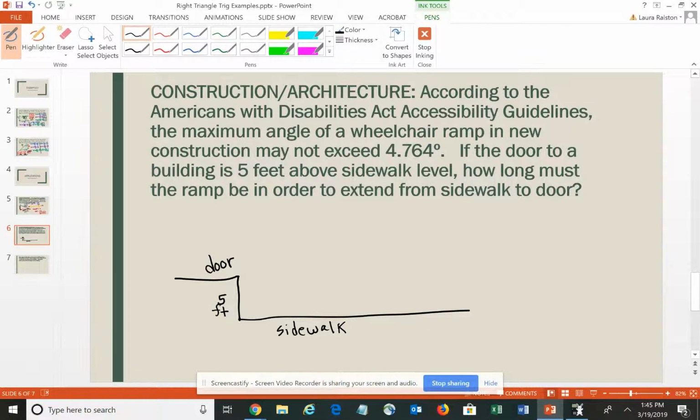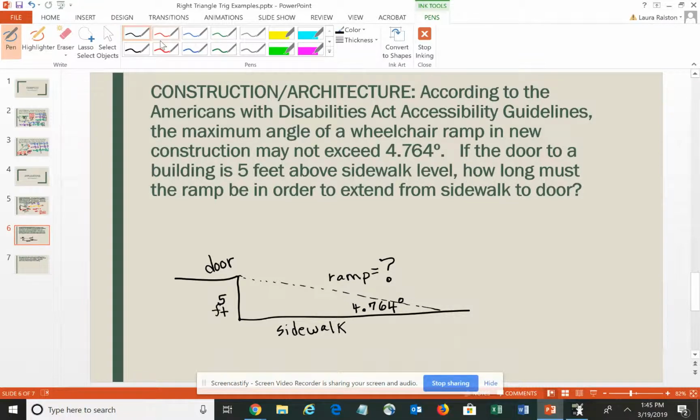And so I've got to figure out how long a ramp I would have to install. Okay, here's my ramp. And my angle has to be no more than 4.764 degrees.